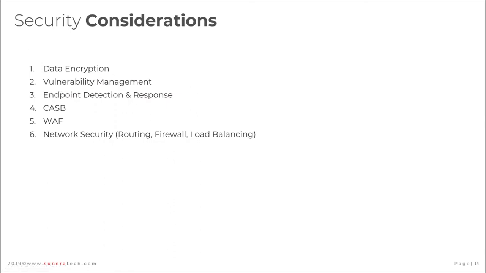This is, again, key in cloud. It's a huge benefit that systems can be put in place to identify vulnerabilities and take appropriate actions. That could be applying patches, closing down certain ports, or shutting down certain processes that are not required. The next is endpoint detection and response.